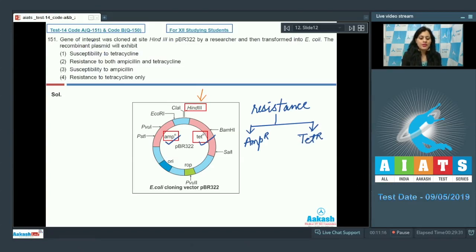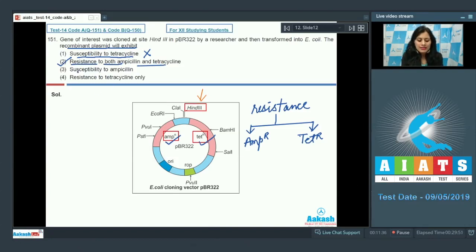Now let's discuss the options. The very first option is susceptibility to tetracycline. This cannot be a correct answer because the recombinant plasmid will exhibit resistance to both ampicillin and tetracycline. So the correct answer is option number 2, resistance to both ampicillin and tetracycline.